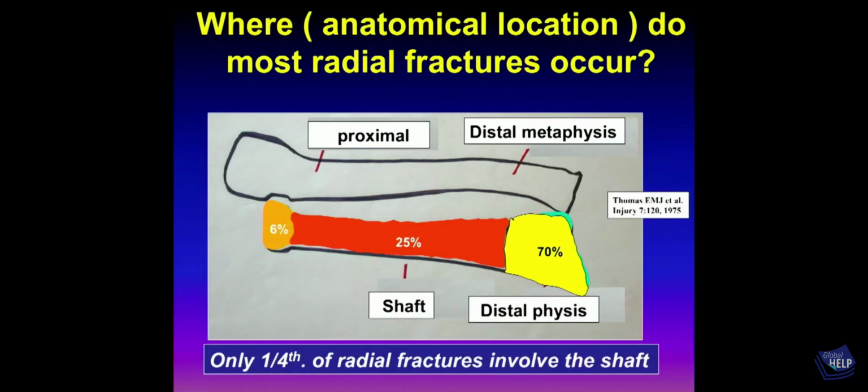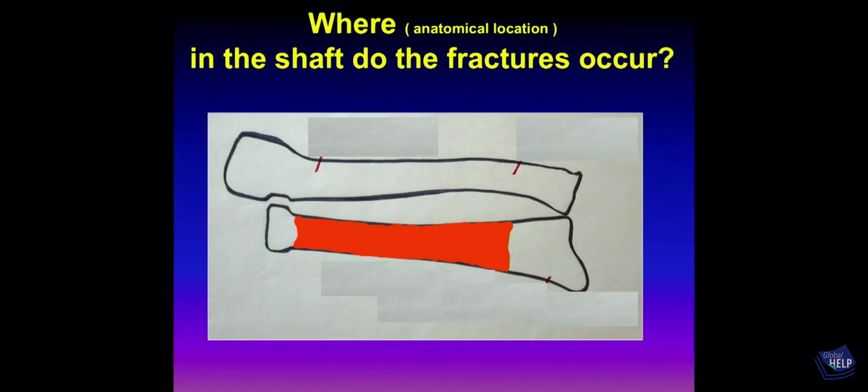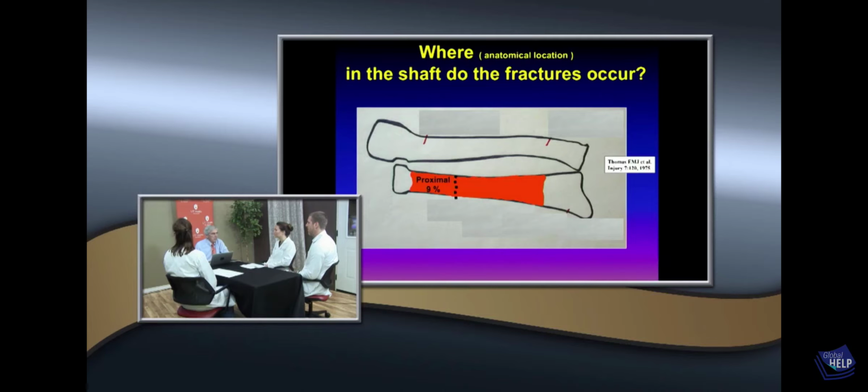And that's because it's diaphyseal bone and it's a little bit stronger and resists some of the tension forces. Okay, now where in the shaft do the fractures occur? How about proximal? About 9%. In the middle, it's about 30%, and in the distal, it's about 57%.